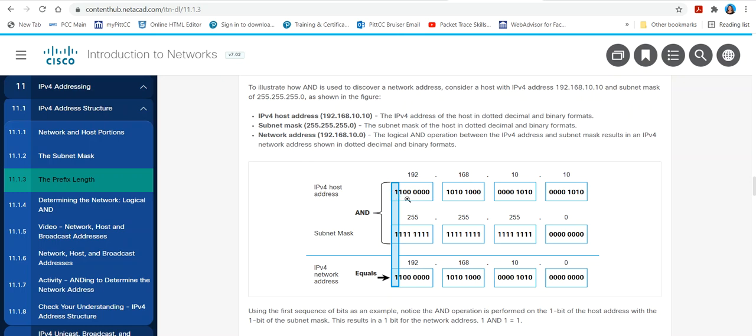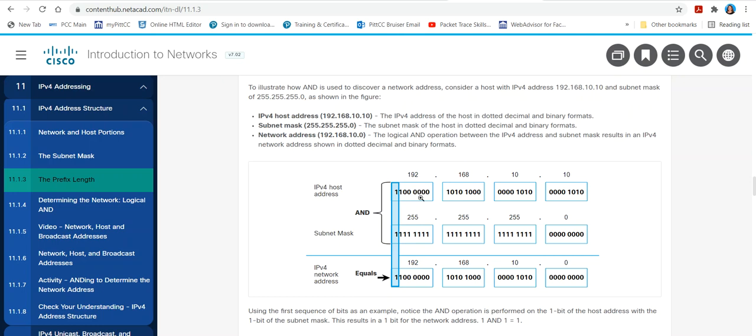So if we put these numbers in binary, you start at the left and you move towards the right. So 1 and 1 equals a 1. And the next one, 1 and 1 equals a 1. But in the next, you have 0, 1, so the 0 falls through. 0, 1, 0 falls through.